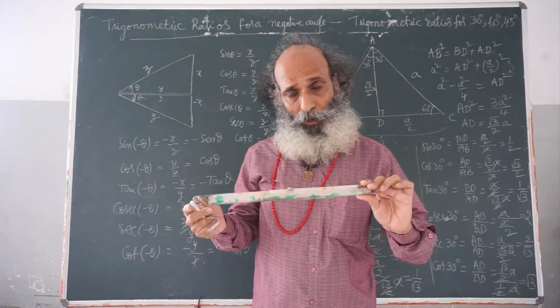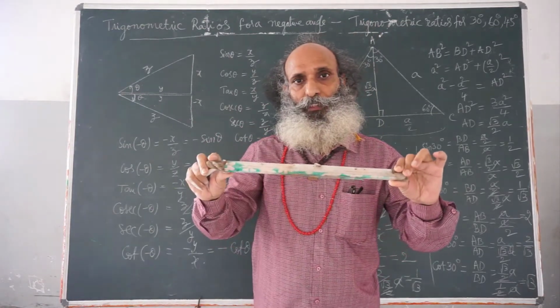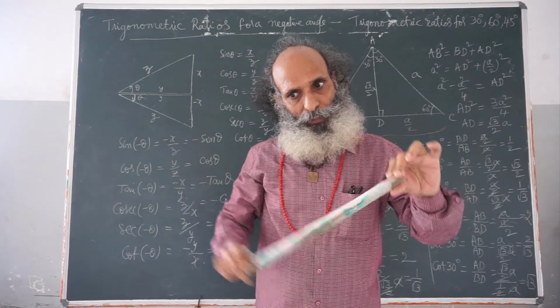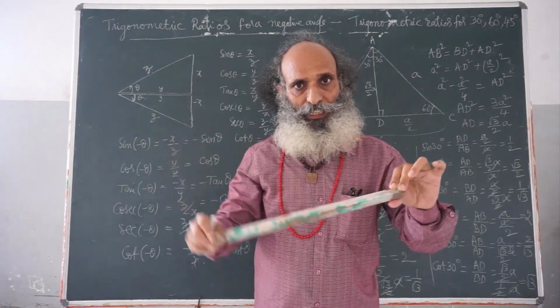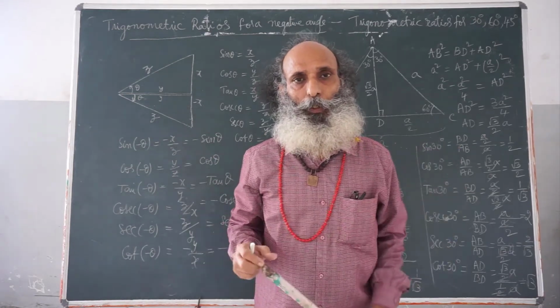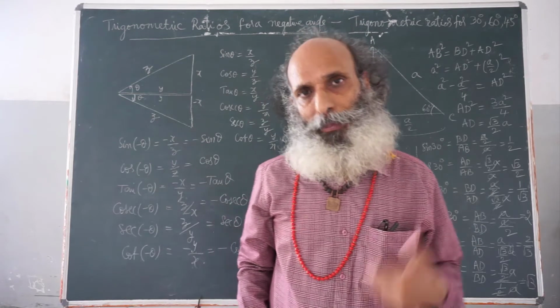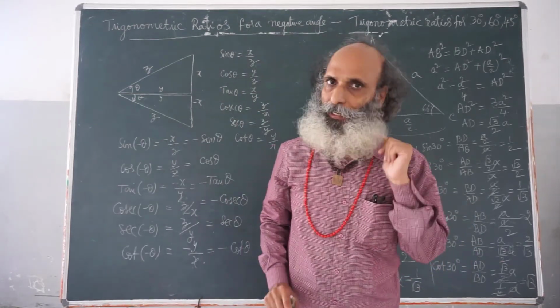Anti-clockwise rotation is a positive angle. But it can rotate in this direction also. This is clockwise rotation, and clockwise rotation is considered a negative angle. So, if the direction of rotation is anti-clockwise, the angle is positive. For clockwise rotation, the angle is negative.